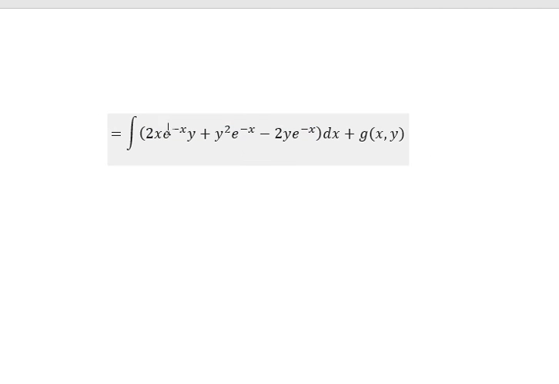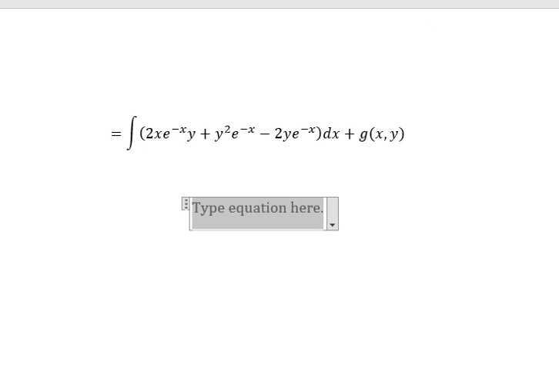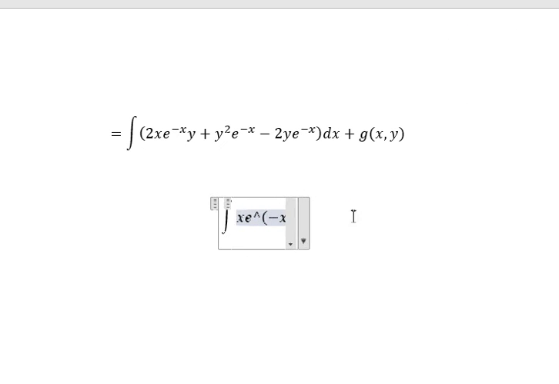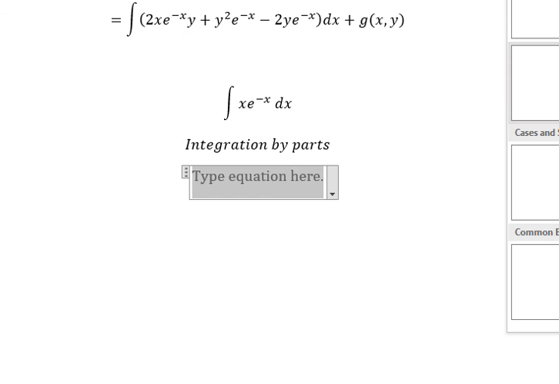So we need to find the integration in here. So we have the formula. So we need to use about integration by parts. So I will put u equals to s.